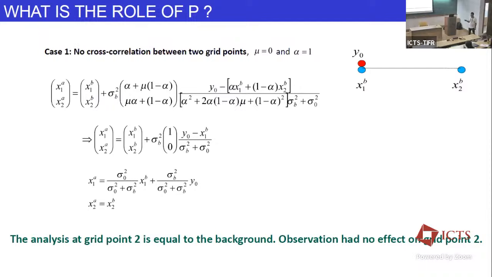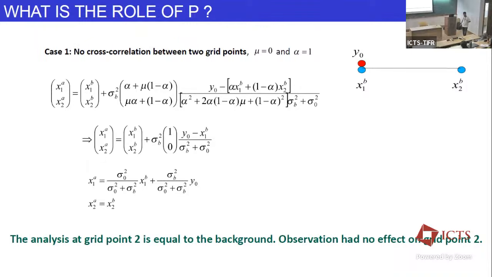Now you can very easily estimate your analysis of the temperatures of these two walls. One is sigma 1a is this, just like the previous scalar problem, and your other wall over here is simply not affected by your observation of this wall. You have observed the temperature at this wall.